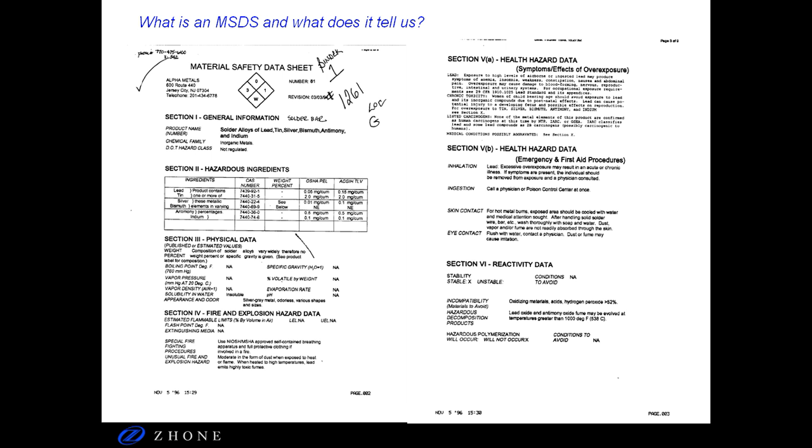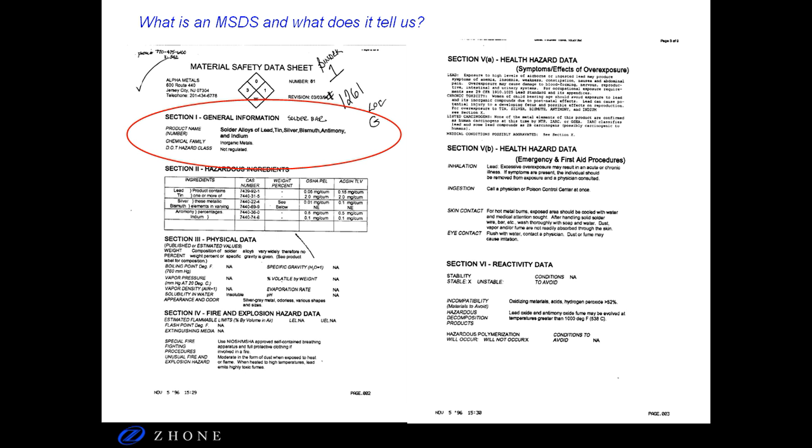Also, your supervisor can assist you in locating MSDS to help you to understand the information contained in the MSDS. MSDSs are split into sections. Each section of the MSDS contains different information about the substance. All MSDS documents have at least 9 sections.